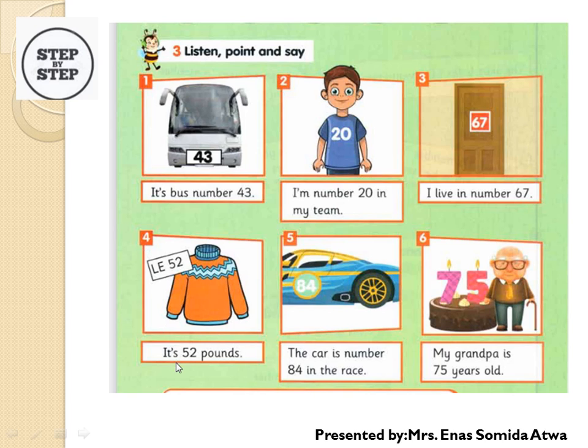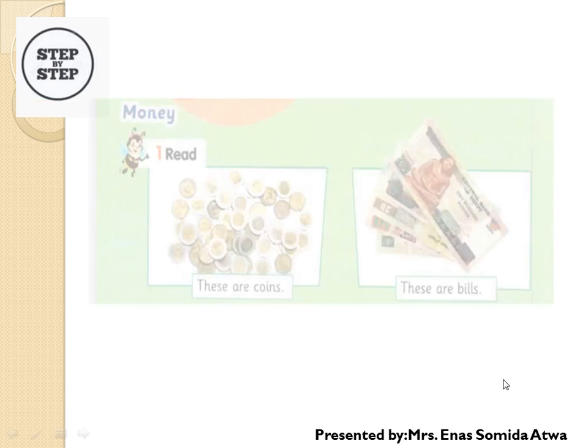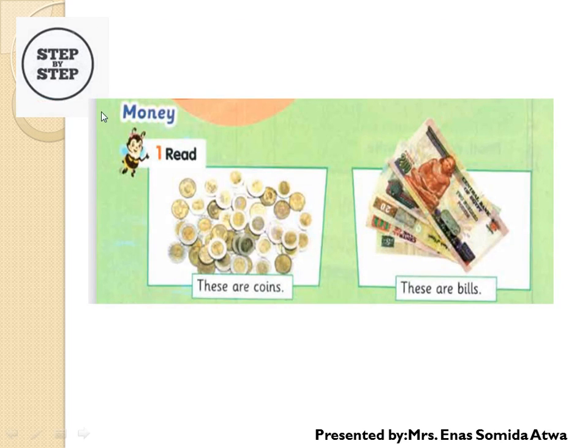Number 4 it's 52 pounds. تمنه كام؟ It's 52 pounds. What about this car? The car is number 84 in the race. الرقم العربية في المسابقة 84. My grandpa is 75 years old. عنده 75 سنة.